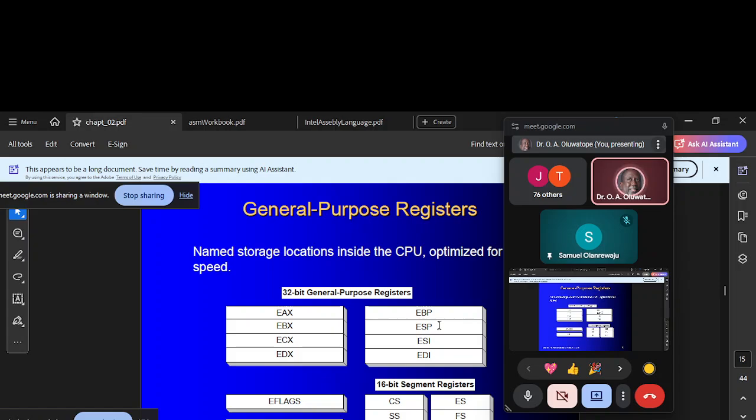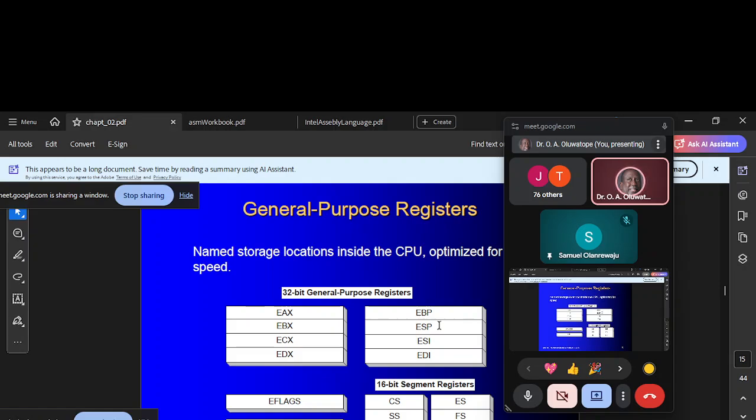Let me tell you what a stack can do. Do you know that on your computer, you are able to run several programs at the same time? You are in Microsoft Word, you are in Microsoft Excel, and you can switch in between the two. A stack is an infrastructure that ensures that when you switch from one application to another, information is not lost. And wherever you left from, you are able to return to it.